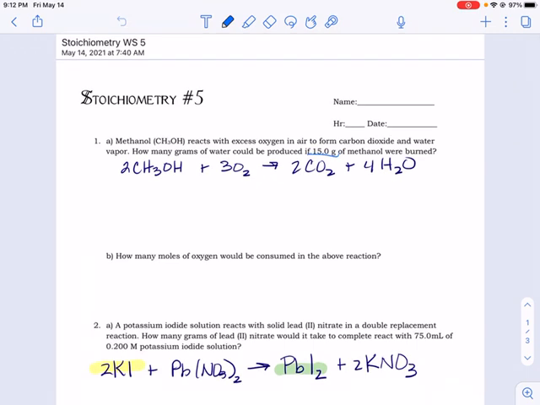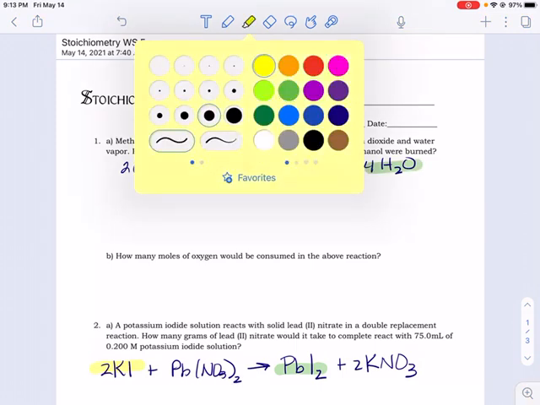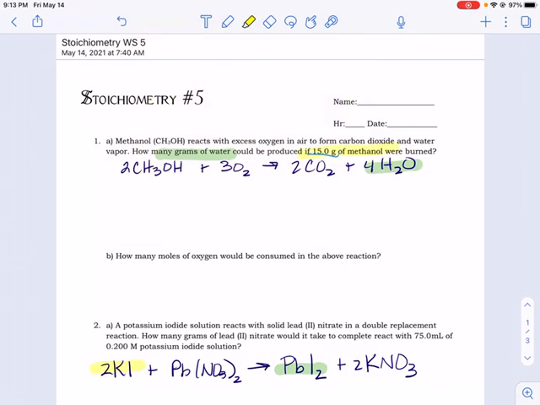All right. Methanol reacts with excess oxygen in the air to form carbon dioxide and water vapor. How many grams of water are produced if we know 15 grams of methanol? So, simply 15 grams divided by the molar mass of methanol is 32.04.